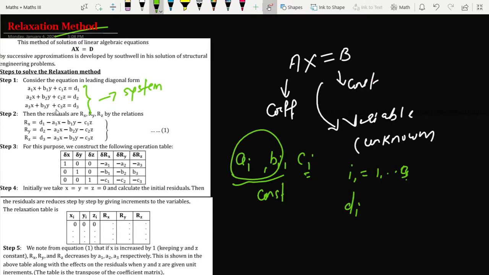So this is our system of linear equations, and we write it as it is for solving by the relaxation method.